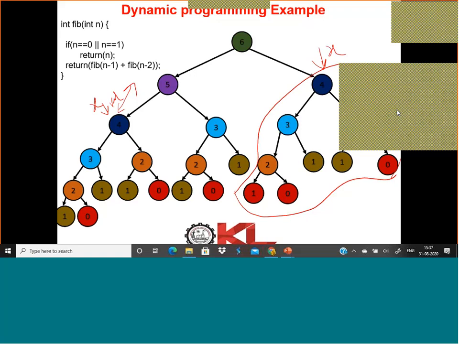For example, there is a problem called the traveling salesperson problem, where we need to find a closed path which covers all the cities exactly once, and such a path should be the optimal path. If you take a fully connected graph, you will get n factorial closed paths. n factorial is not a small number.